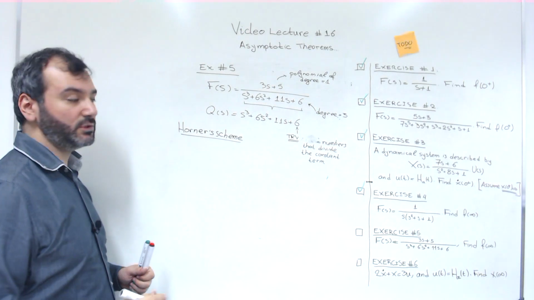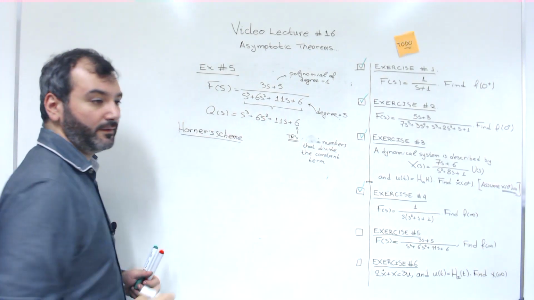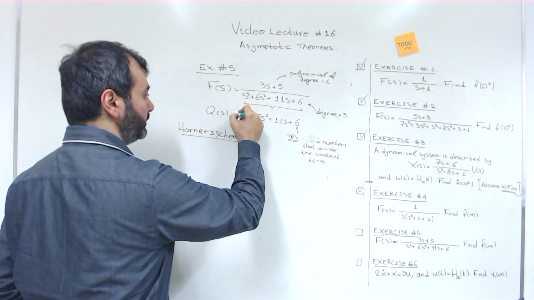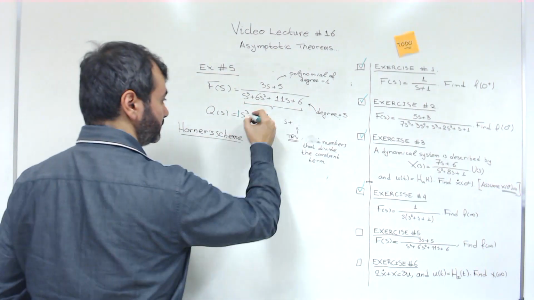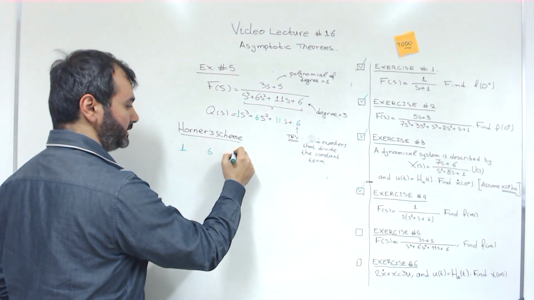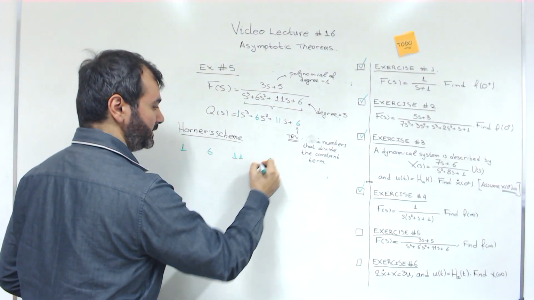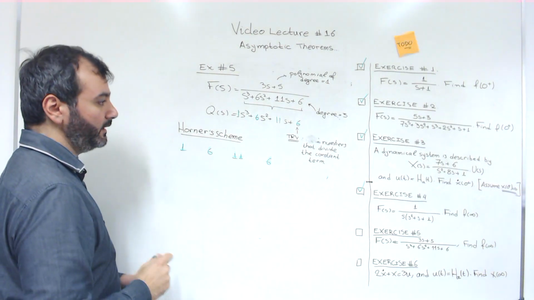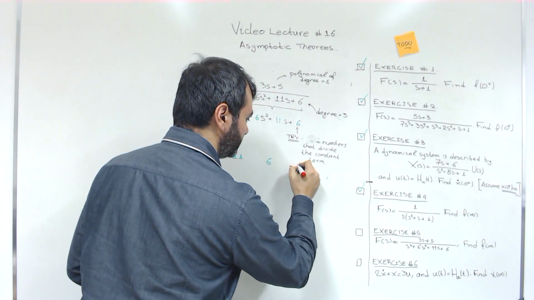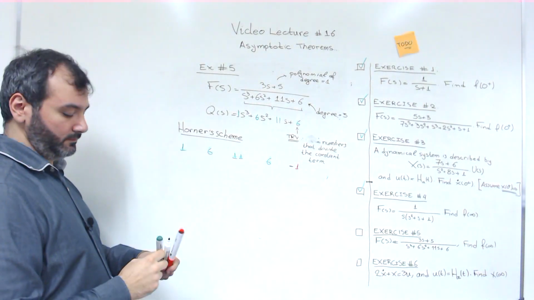Horner's scheme. It goes like that. Write down the coefficients of this polynomial. So numbers 1, 6, 11, 6. Next to them, write the root that you have already found. In our case, minus 1.